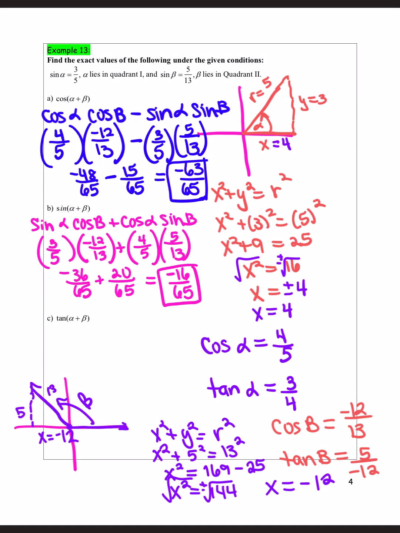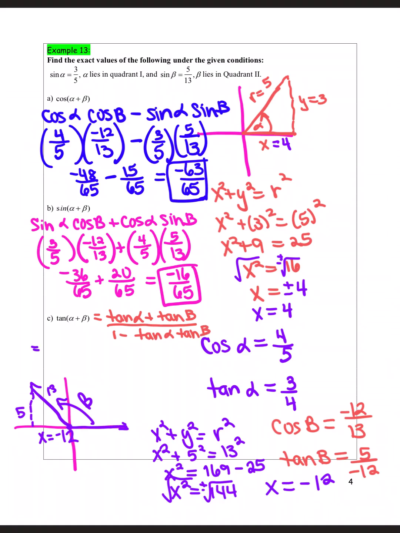And tangent of alpha plus beta is going to be tangent of alpha plus tangent of beta divided by 1 minus tangent of alpha tangent of beta.